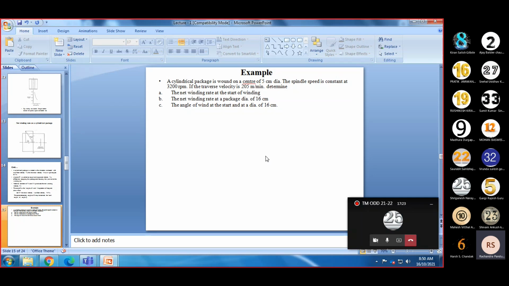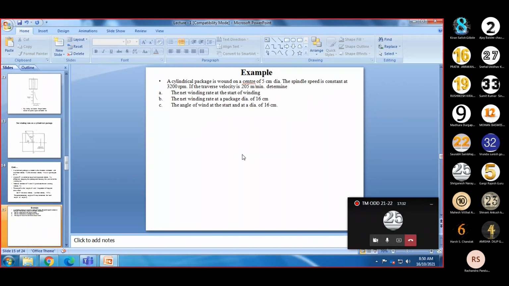What is there and what do they expect from this numerical? ठीक है, मैं बताता हूँ आपको क्या एक्सपेक्टेड है.